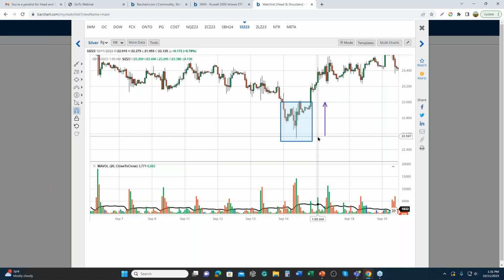But that violent move and that wider range does result in that greater volatile follow through on the breakout. And notice that you do see that greater volume as we break through, and then that volume follow through as we reach our minimum price target.